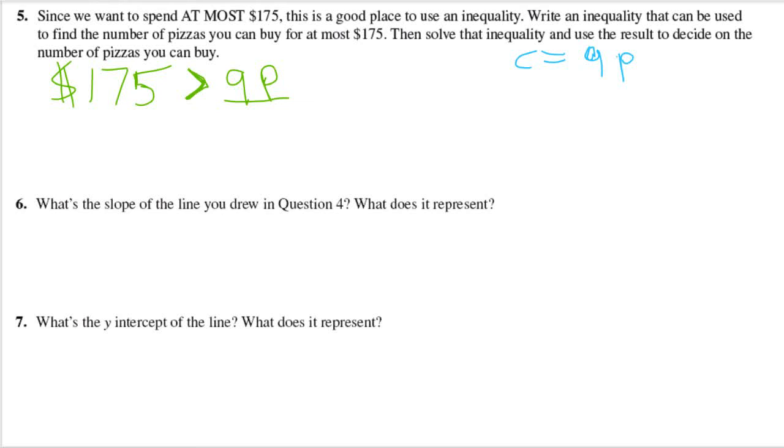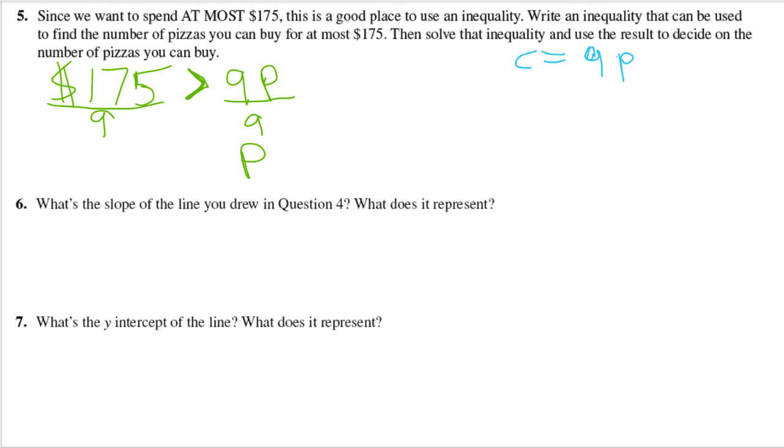When we solved inequalities, we did the same thing as when we solved equations. So 175 divided by 9. And if you'll remember, when we thought the problem through at the beginning, what we did was take 175 divided by 9. This is just a fancy way to use our variable p.